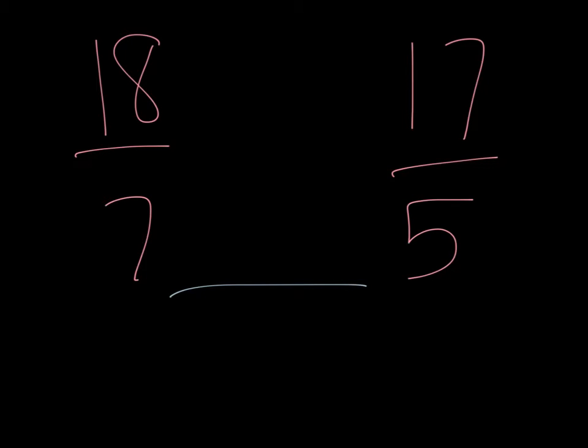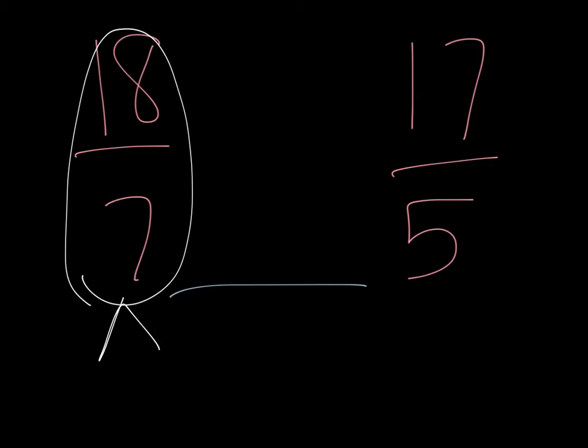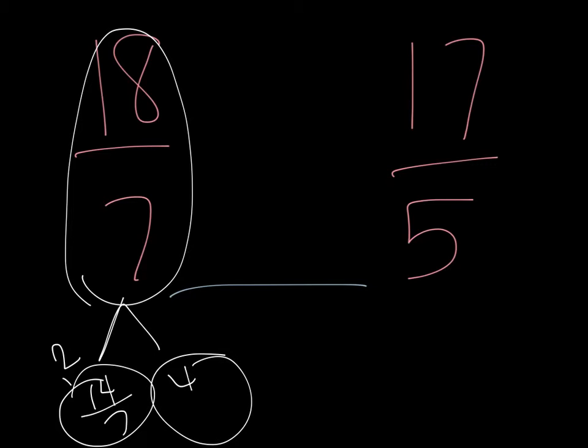We are comparing 18/7 and 17/5. We need to first convert these improper fractions into mixed numbers. For 18/7, I can pull out 14/7, or 2, and I am left with 4/7. So our new number is 2 4/7.